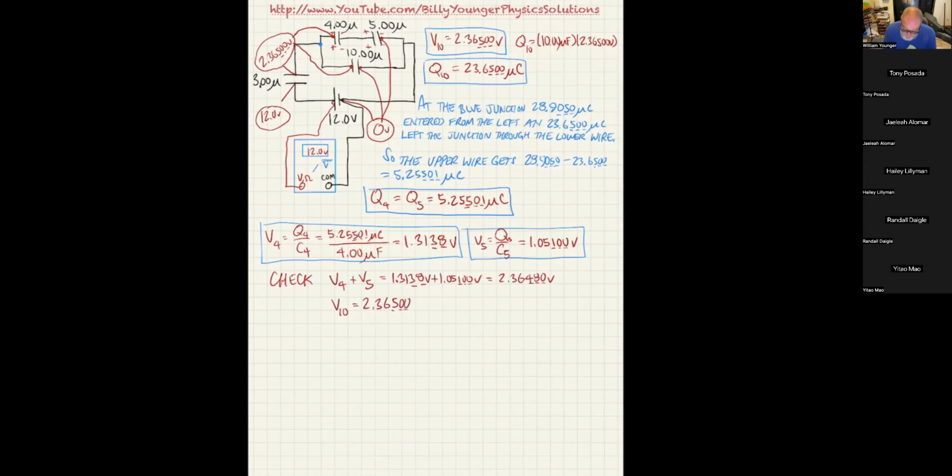But notice our first non-significant digit is in the 3rd decimal place of V10 and the V4 plus V5. That means if you rounded the 2.36480 to 3 decimal places, it would be 2.365. And if you rounded this one to 3 decimal places, it'd be 2.365. So even beyond the sig figs, we got agreement on the voltage. So that gives us some confidence that what we did was right.